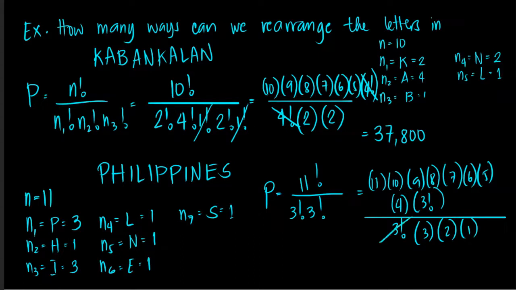So you can cancel this out. This is just an option, guys. If you want, you can still go and use the maximum power of your calculator. I-check ko lang kung pareho. So 11, 10, 9, 8, 7, 6, 5, 4 over 3 times 2.